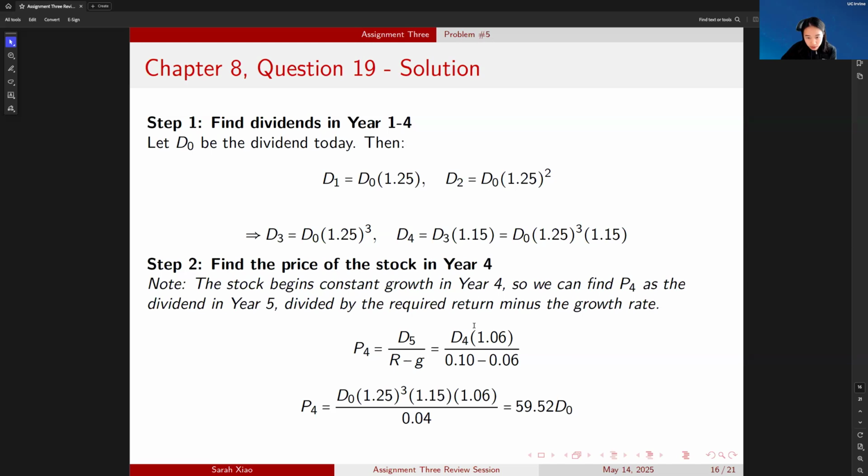So we just calculated the dividend in year 4 as this one, and we multiply it by 1 plus the dividend growth rate in year 4 and divide by R minus G. So the final answer should be 59.52 times D0.